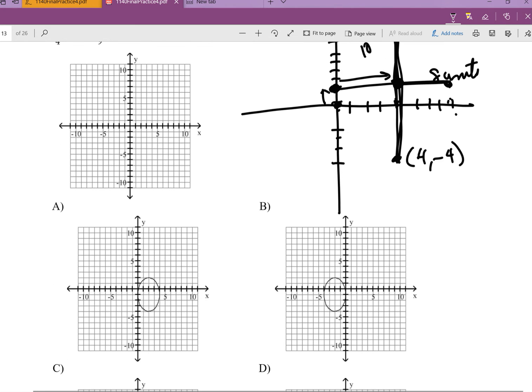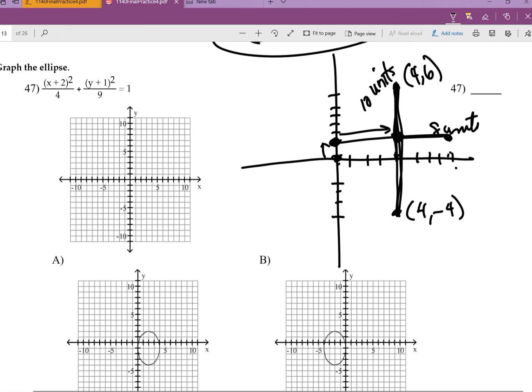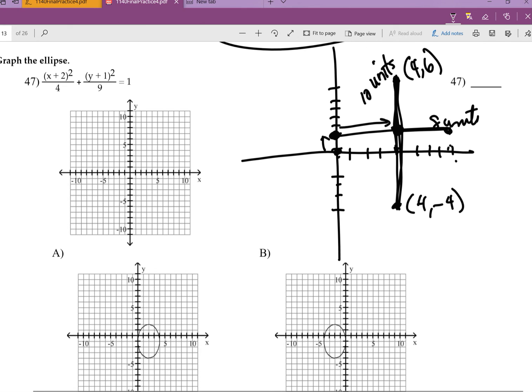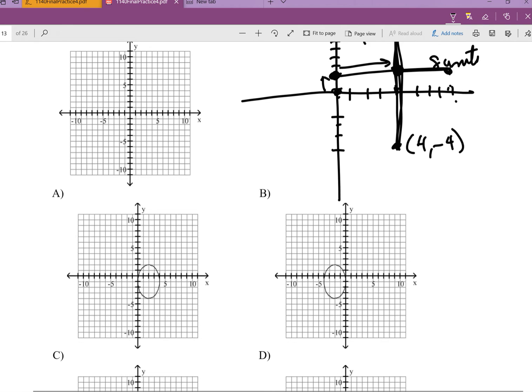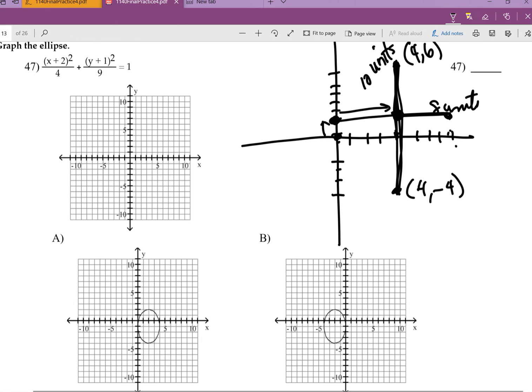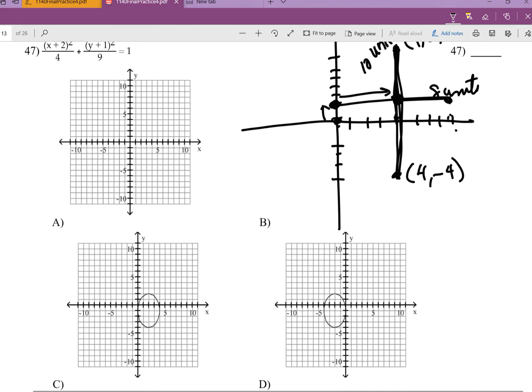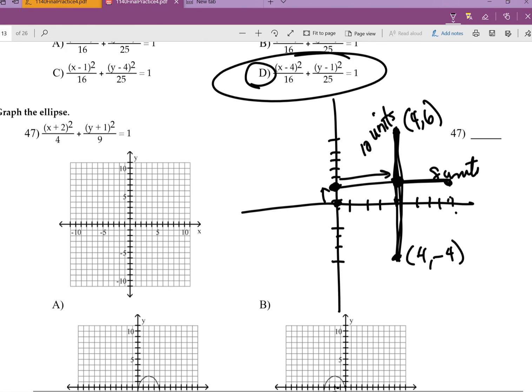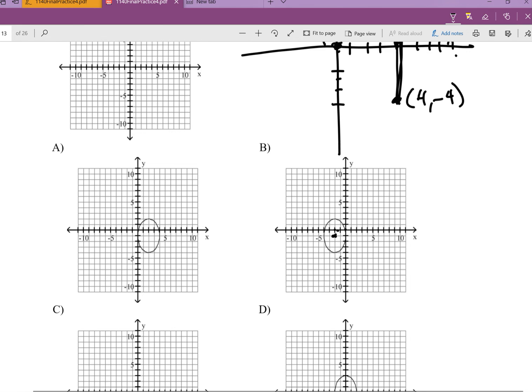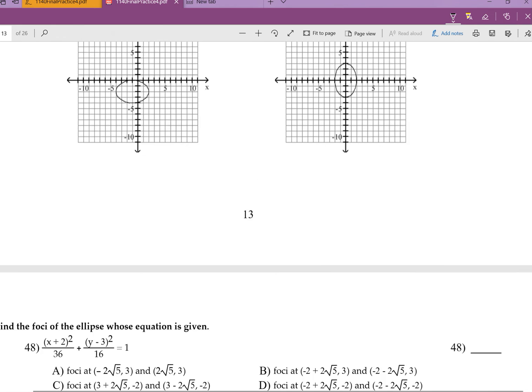So it should be left 2 units from 0, and y plus 1, so move down 1. So in this case, this 47 should be it. So this is your center, over 2, down 1. There's the center right there, negative 2, negative 1. And that's how you know that's the answer. That and the corners, obviously.